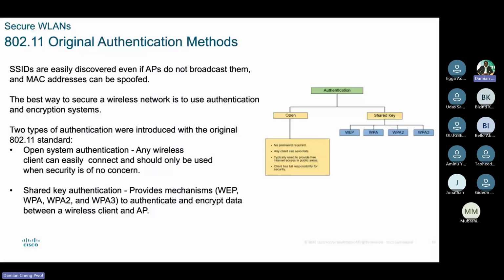802.11 original authentication methods. SSIDs are easily discovered even if access points do not broadcast them, and MAC addresses can be spoofed. So you can see how no matter what you do, the threat actors will always look for a way, will look for vulnerabilities, will look for weakness around the device.